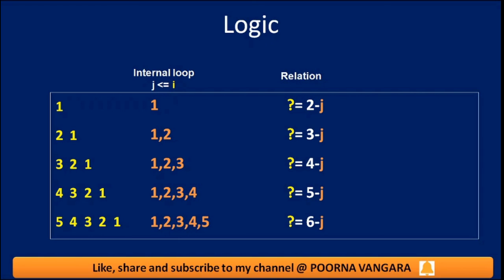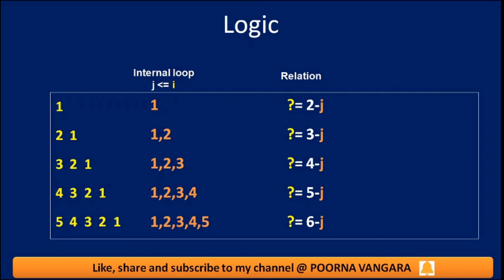Now the problem here is 2, 3, 4, 5, 6. We don't have any fixed value. In the previous slide we got 6 minus j in each line, so we could replace the entire relation with 6 minus j, but here it is not possible. In this kind of situation, take the 2, 3, 4, 5, 6 and relate it with i.